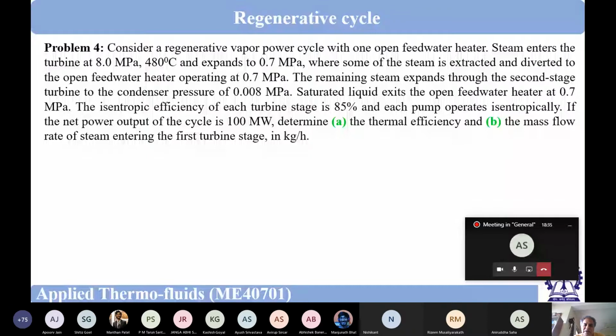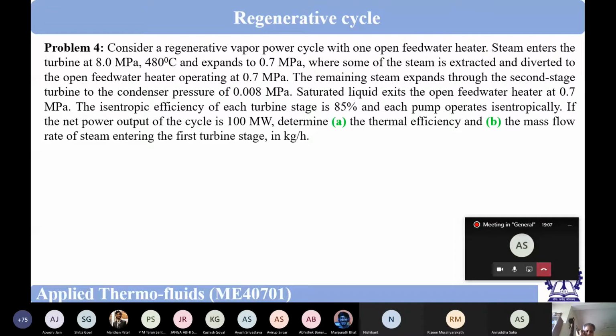Saturated liquid exits the open feed water heater at 0.7 megapascal. Isentropic efficiency of each turbine stage is 85% and each pump operates isentropically. If the net power output of the cycle is 100 megawatt, determine the thermal efficiency of the cycle and the mass flow rate of steam entering the first turbine stage in kg per hour.